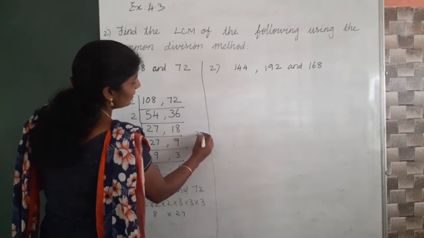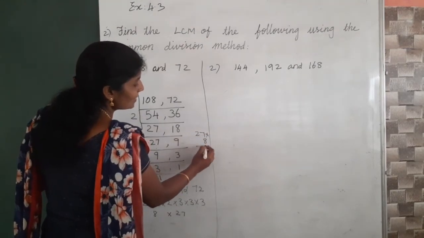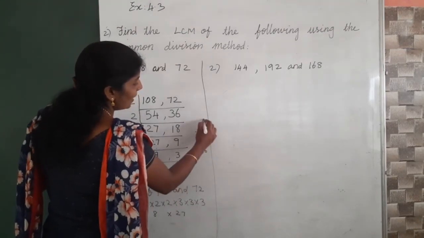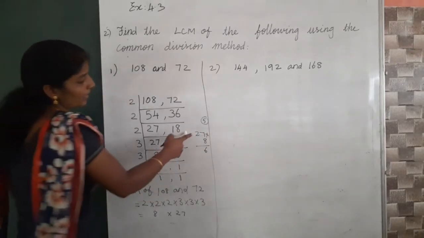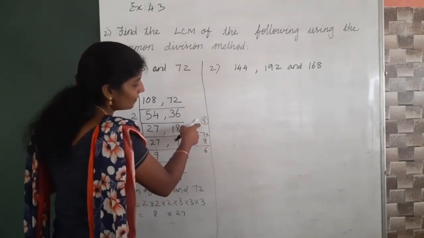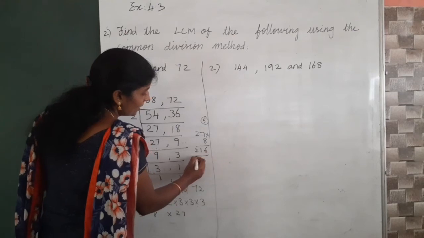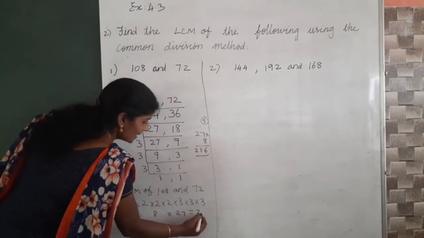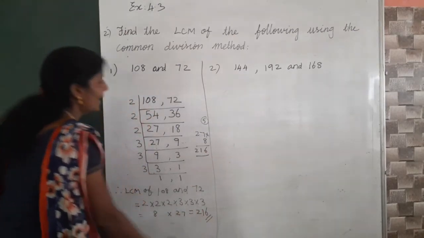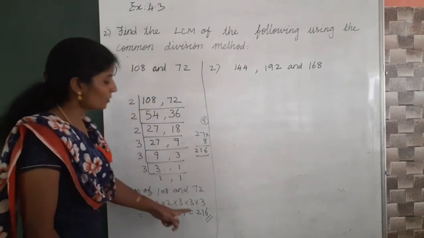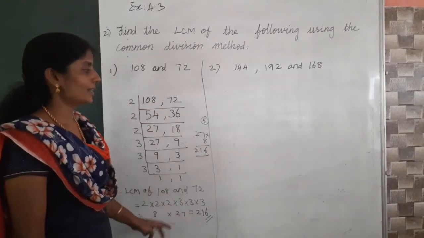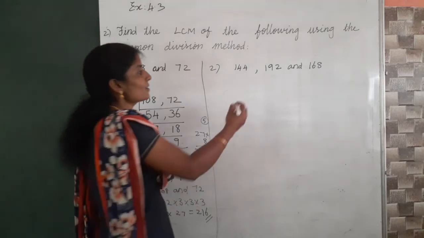So 27 into 8, 8 7s are 56, 5 balance. 8 2s are 16, 16 plus 5, 21. 216. What's the LCM of 108 and 72? 216. Clear? Okay, the next question.